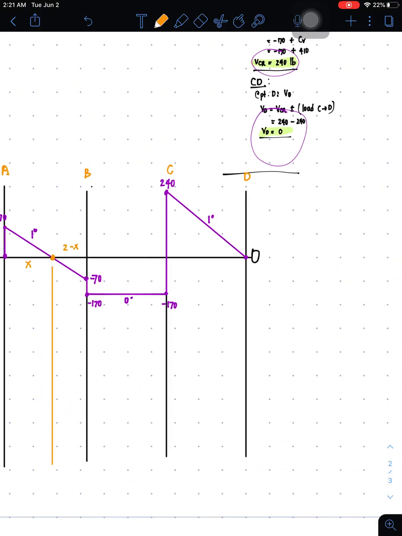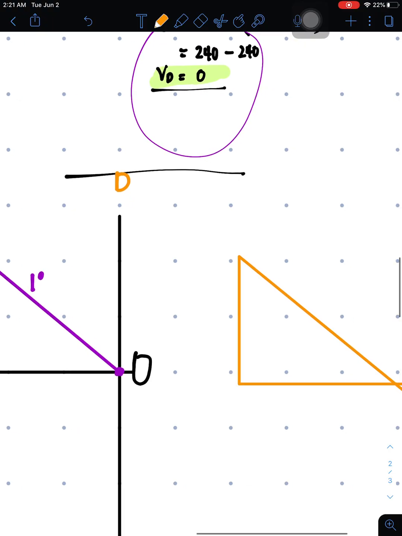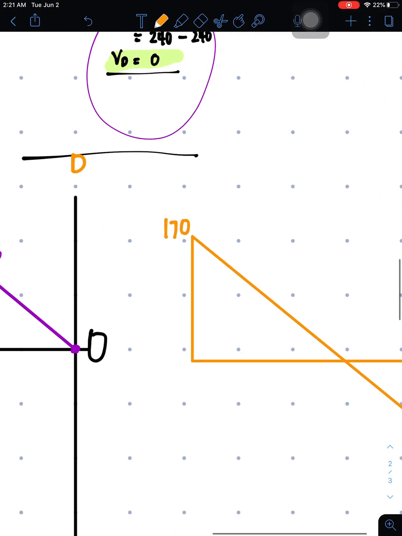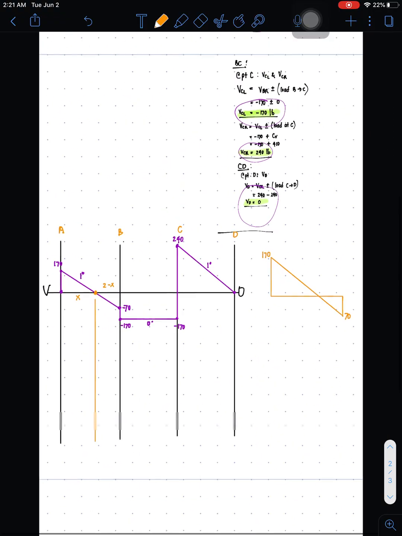So how do we get the ratio and proportion? Let's redraw the figure here. This is the 170, then this is the horizontal, and this is the 70. I will just write the 170 here, and instead of negative, I'll place the 70.